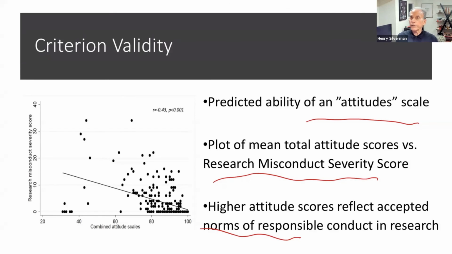So I theorize that if this attitude scale is valid, then high scores on the attitude scale should be negatively correlated with the research misconduct severity score. And in fact, this is what we found. A negative correlation between the attitude score and the research misconduct severity score.